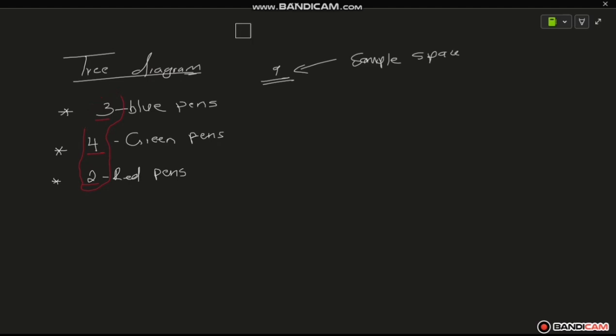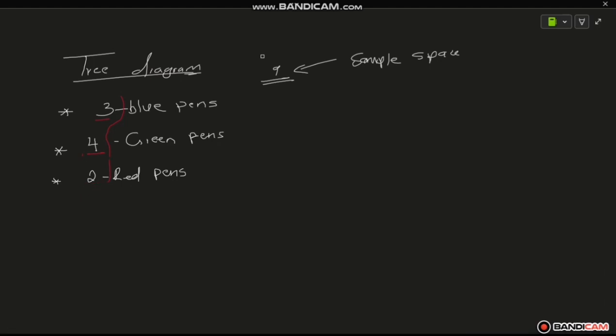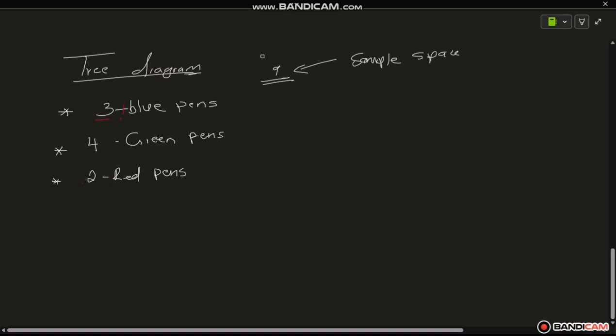Meaning if we have favorable outcomes and a sample space, we can have probability. It can be 3 over 9. Maybe all of them are inside a box. So the probability of blue pens can be 3 over 9. Probability of green pens 4 over 9. Of red pens can be 2 over 9.